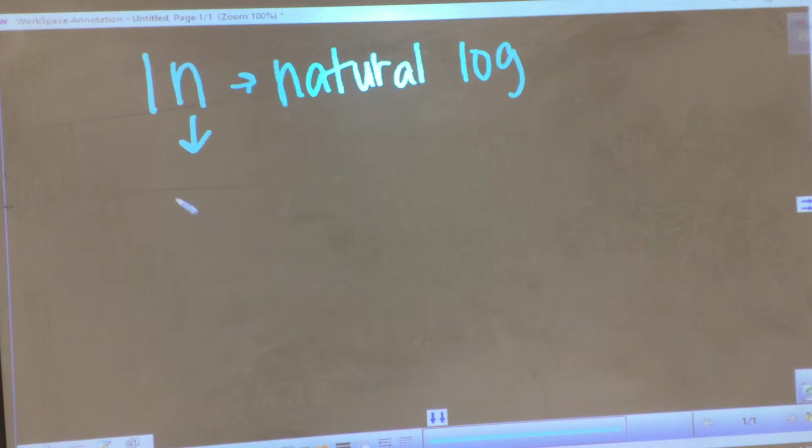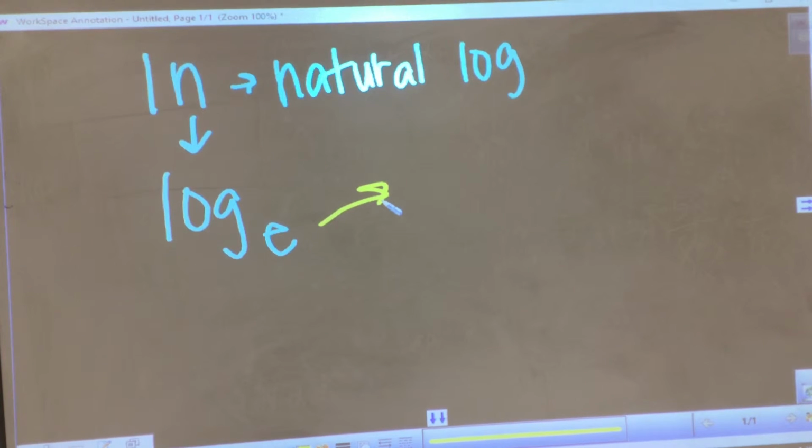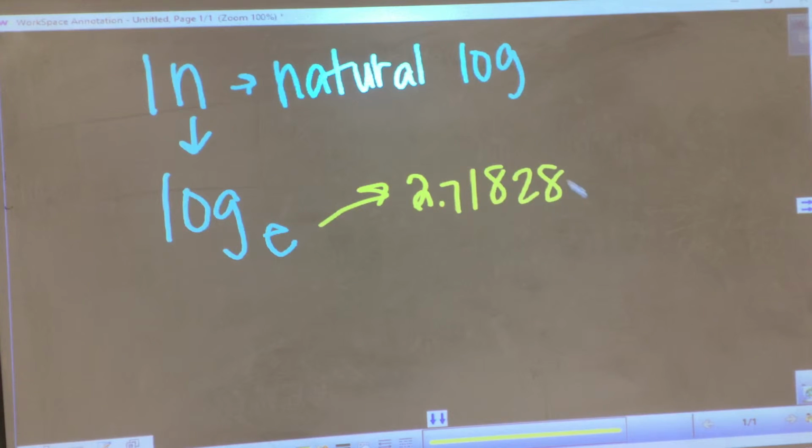So if you remember the last time we met, we said this number e was kind of like pi. It's just a number that is 2.71828, continues on. So anytime we see a natural log, it's just a log with a base of e.